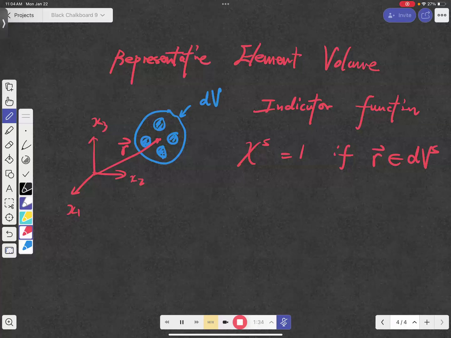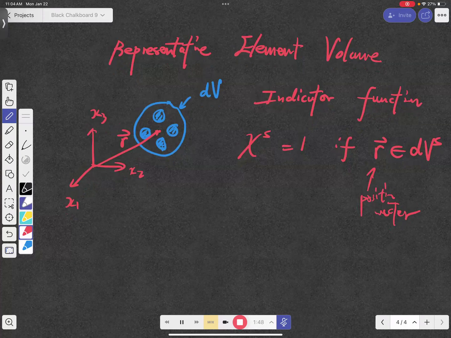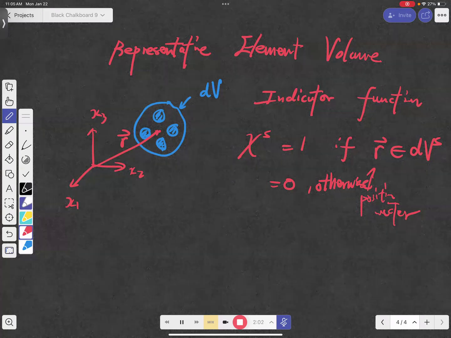So this r is actually a position vector. Now this equals 0 otherwise, and there is no in between. The material can either be solid or fluid, but not somewhere in between.